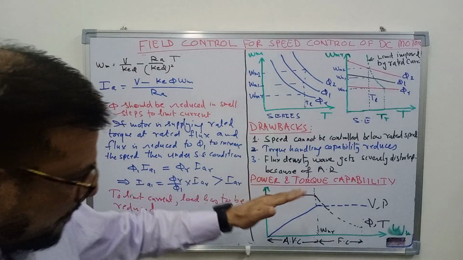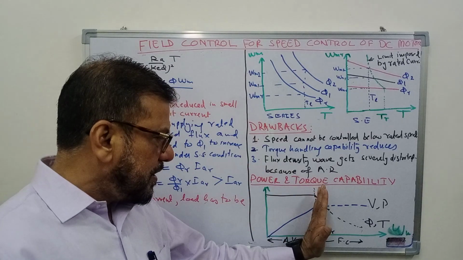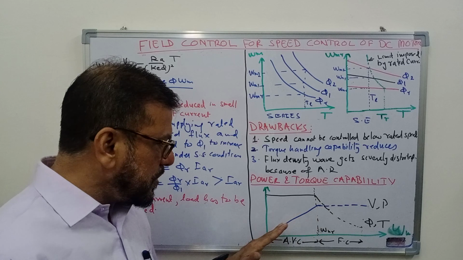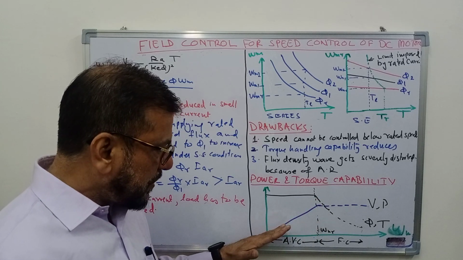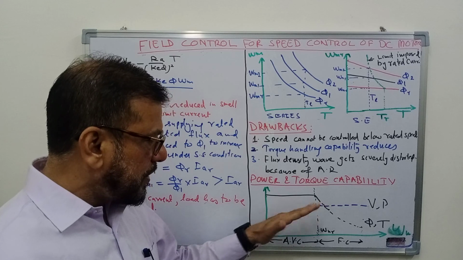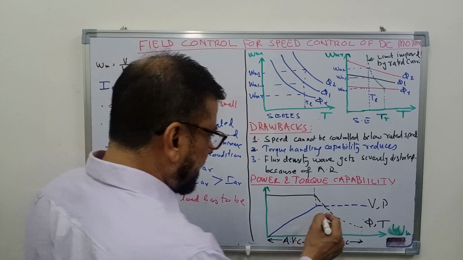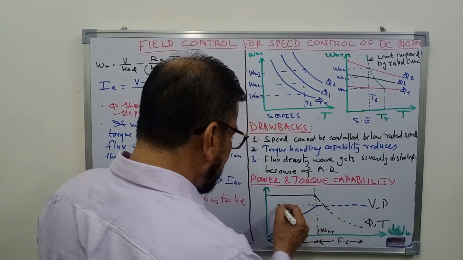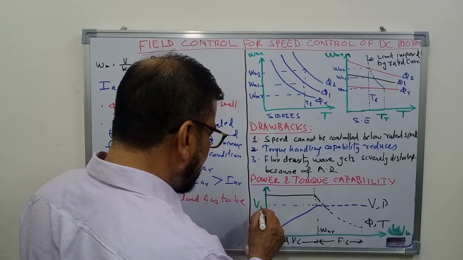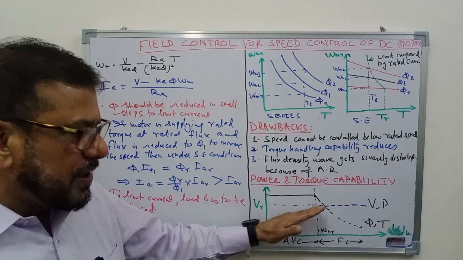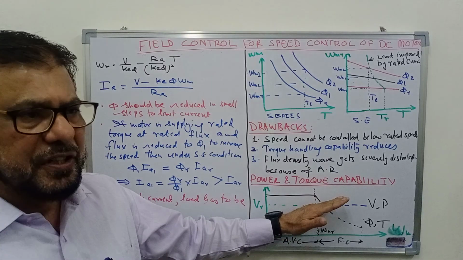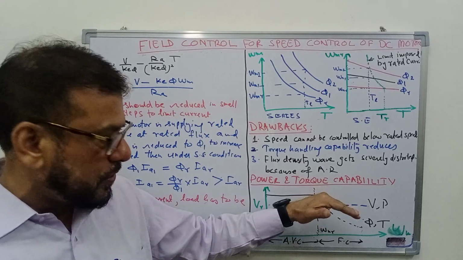Below the rated speed, if you want to increase the speed, you have to increase the voltage. So you can go up to rated voltage. This actually is the rated voltage here. You can increase the voltage from 0 till you reach the rated voltage. Beyond that you cannot increase the voltage.